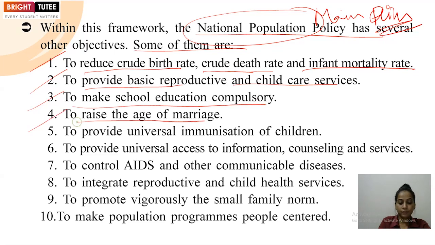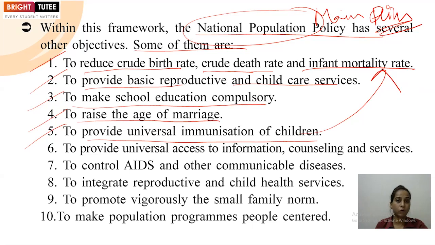Another one is to raise the age of marriage, because if we increase the age of marriage, it is going to have an impact on controlling the birth rate in our country. To provide universal immunization of children, which will help the infant mortality rate also, which will reduce the death of these infants within a year.